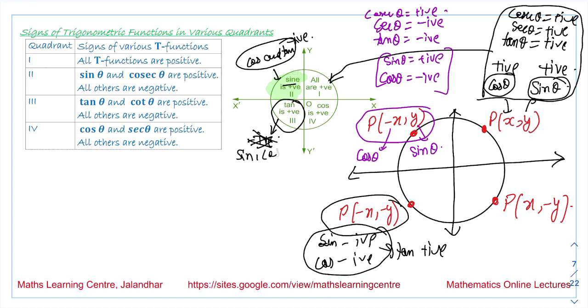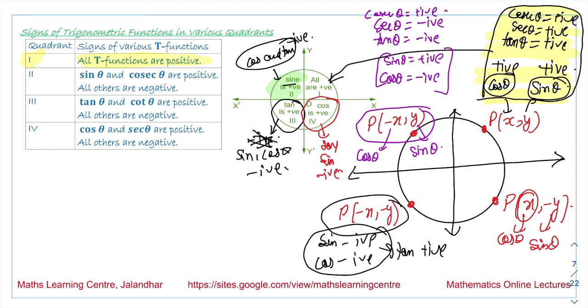All others means sin and cos, they are negative. And in the fourth quadrant we will have cos is positive, this is cos theta, this is sin theta. So we are saying cos is positive, tan and sin are negative. So what we get from this is that in the first quadrant all trigonometric functions are positive.